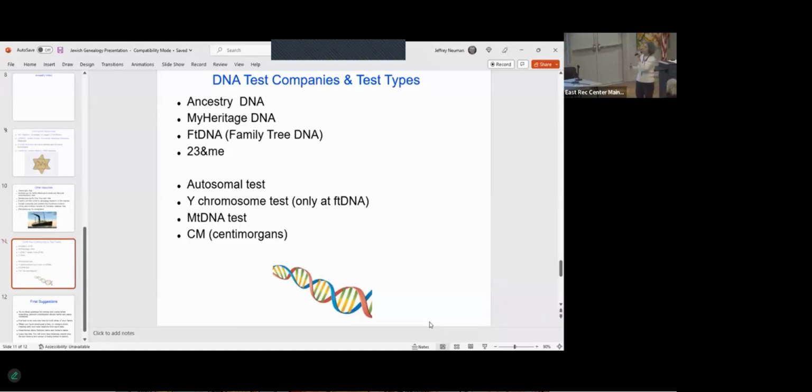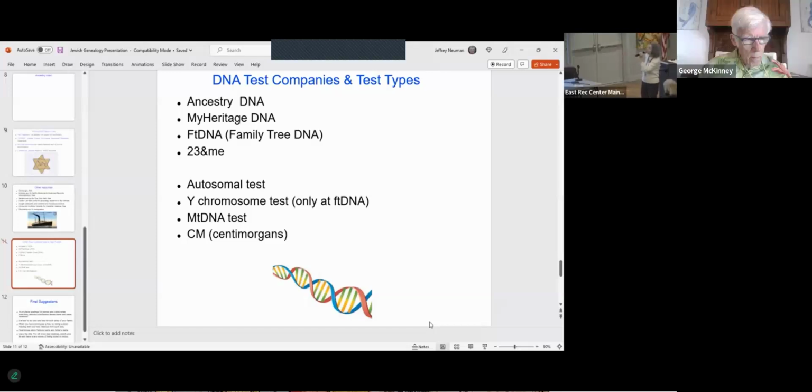It will show the person's fathers, and it goes very far back. There are three different prices of Y tests, which I haven't done. Even a woman can do a Y test using a male relative. But I haven't done that.